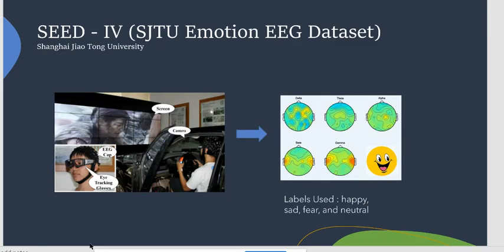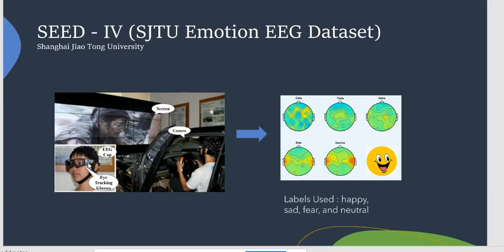Let's go on to look at the data sets we used. So the first one is the SEED or the SJTU emotion EEG data sets from the Shanghai University. I have tried to not publish any of the data set that I was provided because we need to get specific approvals before they provide you access. So over here in this experimental setup, they use this EEG cap with the 62 electrodes to capture the data.